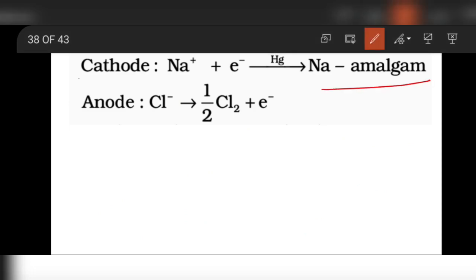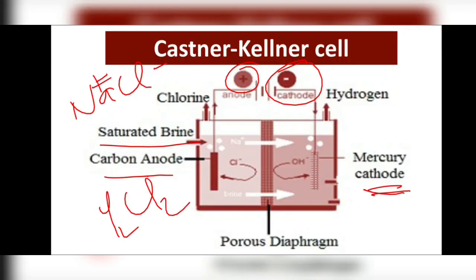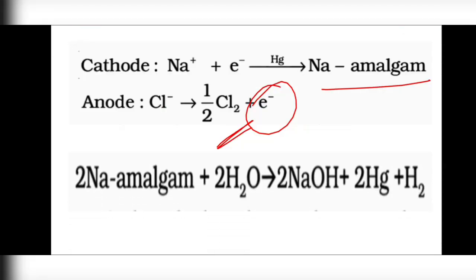Now at the anode, Cl minus means more electrons, so it will lose one electron, you can see here, and become Cl2 gas and get liberated. Now this sodium amalgam which is formed is treated with water to give sodium hydroxide, mercury, and H2, that is hydrogen gas.